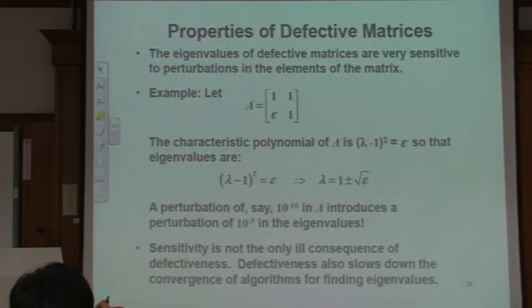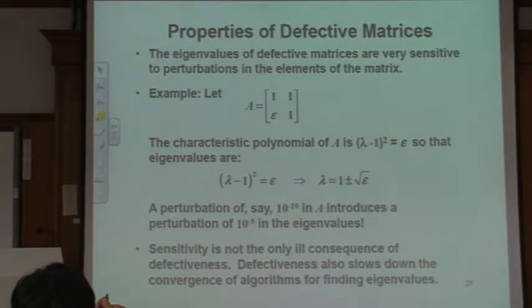It's quite different. One thing we have to be careful about is that a defective matrix is highly sensitive with respect to changes in the original matrix. Here's an example.